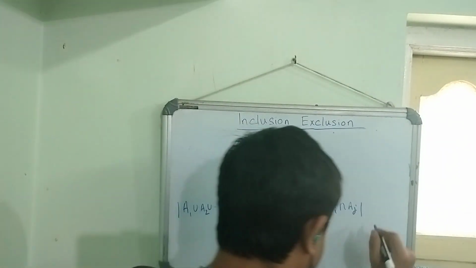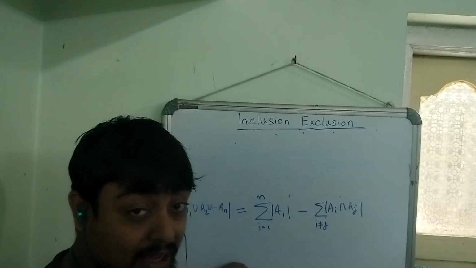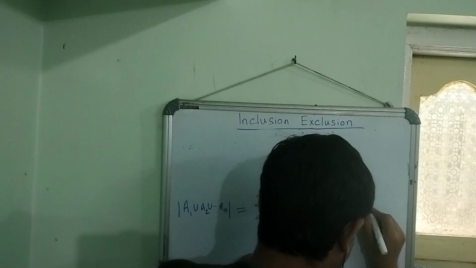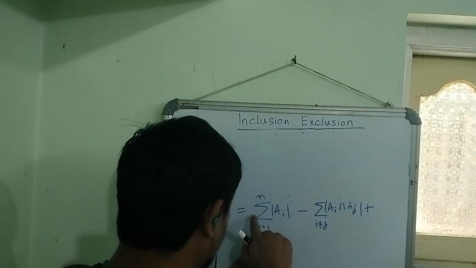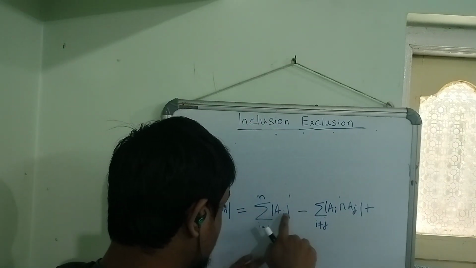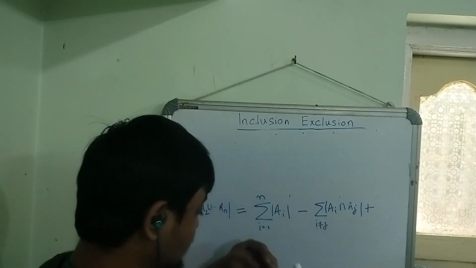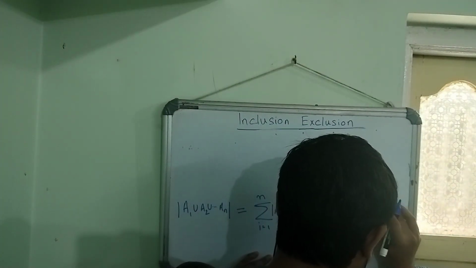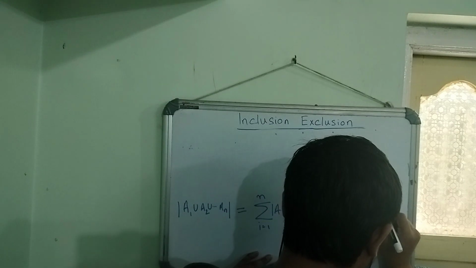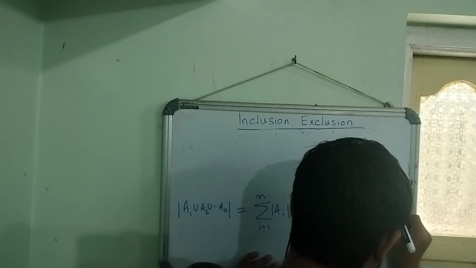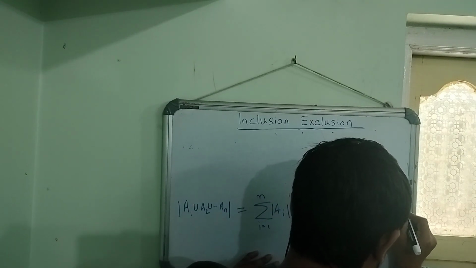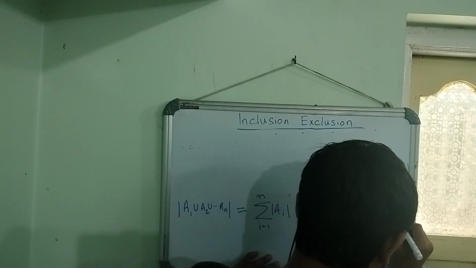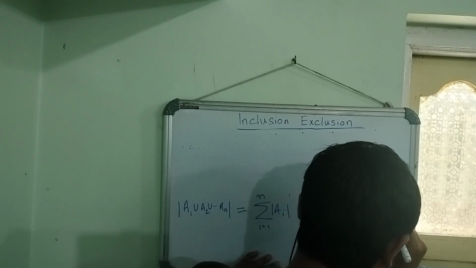Okay, similarly after this, I guess you got it. It will be taking three at a time. You add back. See, first it is plus, then minus, then plus, then minus, alternately. So taking three at a time, we will just sum the cardinalities of Ai intersection Aj intersection Ak, where i, j, k are all distinct.